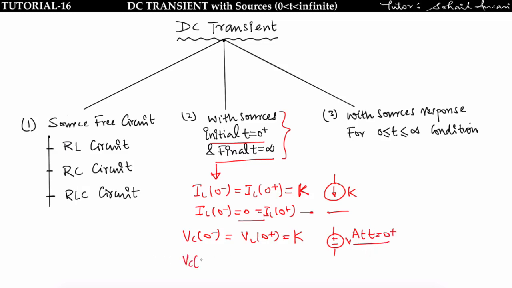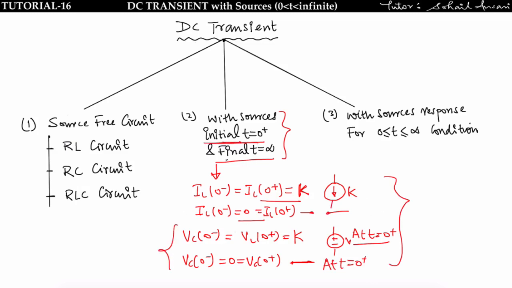Similarly, if Vc of 0 minus is equal to 0, meaning the capacitor is not charged initially, then Vc of 0 plus is also equal to 0. So in this case we replace the capacitor by a short circuit at t equal to 0 plus. So all these things are done at t equal to 0 plus with the initial condition.